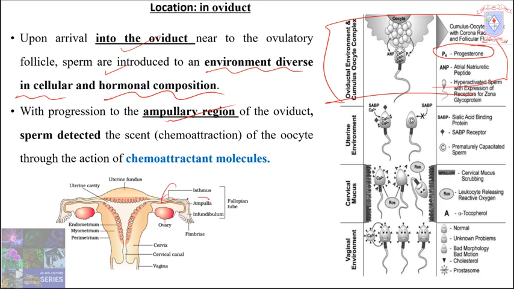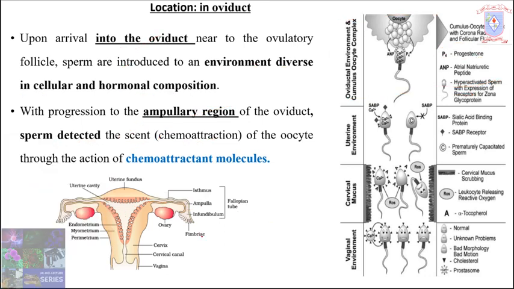So with the progression to the ampullary region of the oviduct, sperm detect the scent, that means the chemoattraction of the oocyte, through the action of chemoattractant molecules from the egg. Actually the fimbriae accept the egg from the ovary during the ovulation process, and the ovum released from the ovary is transported to the ampulla, then to the isthmus, then to the cervical area, then to the vagina, and to the outside.